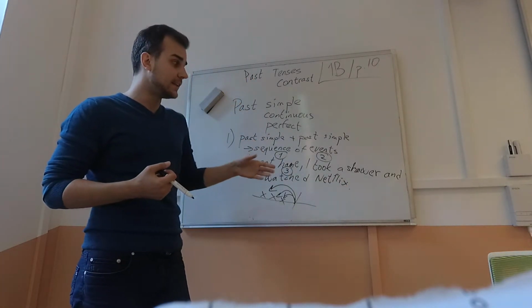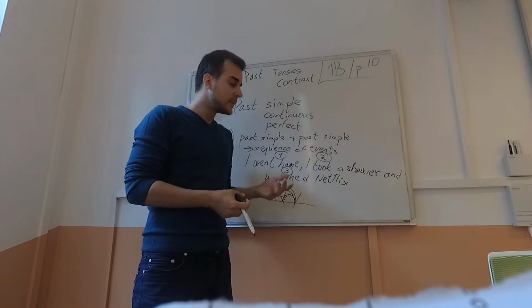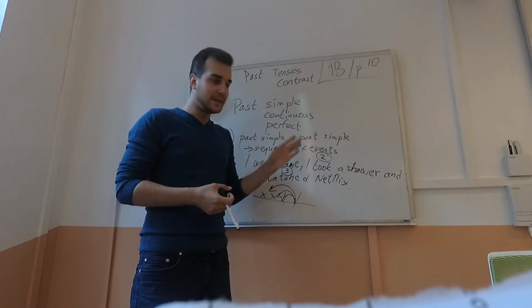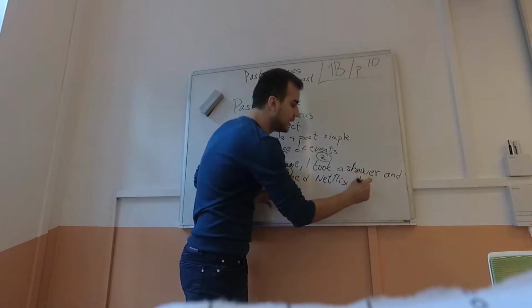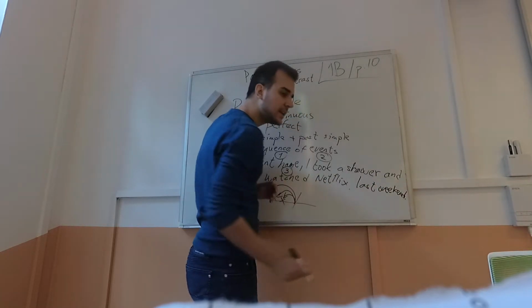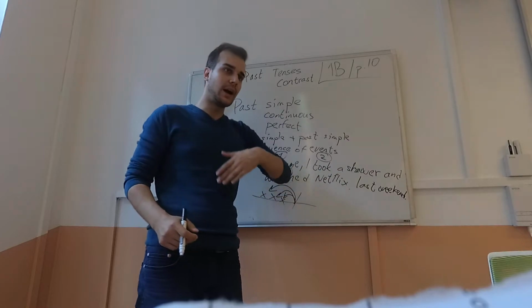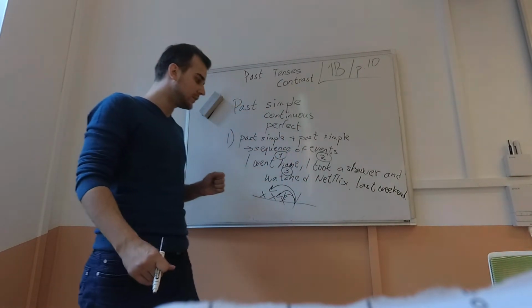But when I say that, I'm telling you that it is finished. And it happened at a given time. The given time is probably here in the context. And the context, let's say here, can be last weekend. So I can say it in a sentence, or I know it from the context. I know from the situation that we are describing.